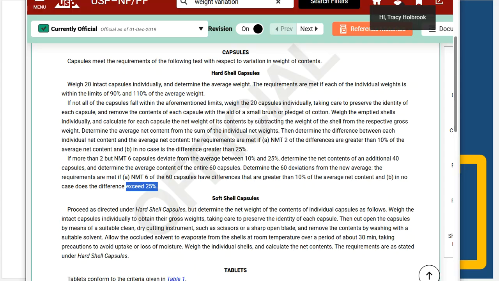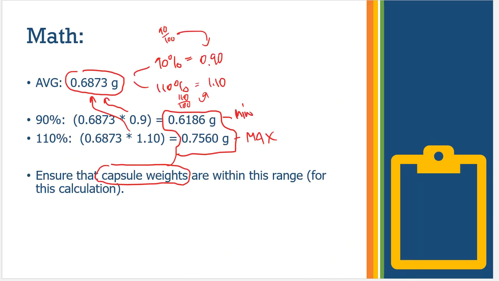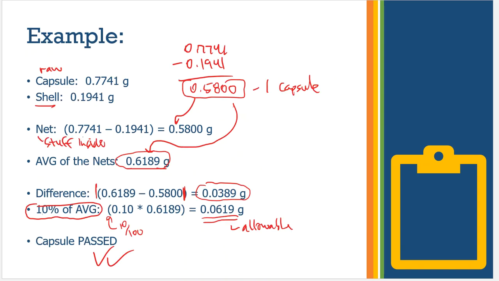You've got kind of 2 examples here. Our first one was here, where we took the average and we calculated the 90% and the 110% threshold. And then the second was part 2, where we did the differences, because we're looking at shells and we're looking at OG capsules. So we take those 2 and subtract them to get a remaining content mass.